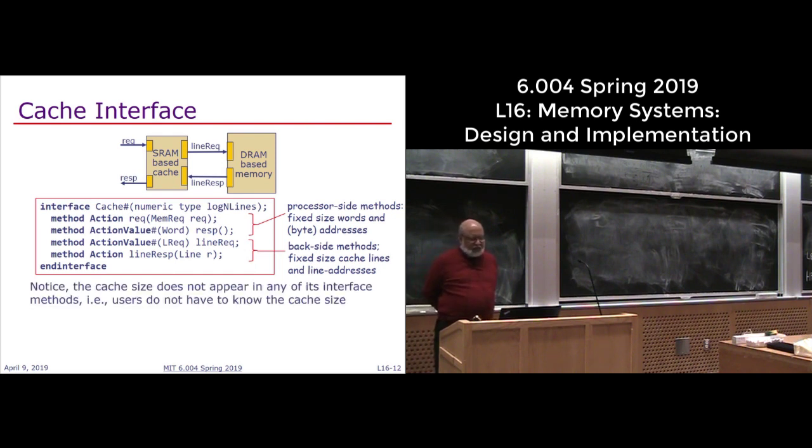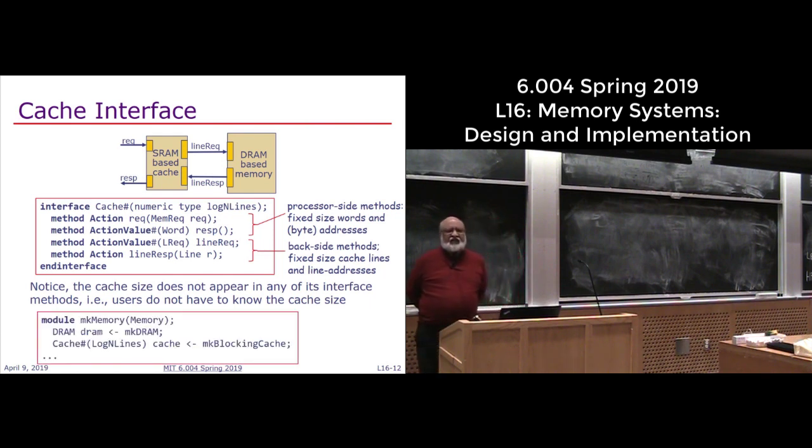No problem. Notice the cache size does not appear in the interface. This is by design. Because this is not totally parameterized, I have fixed the sizes of various things so that you don't have to keep passing those things in the Bluespec you write for this.